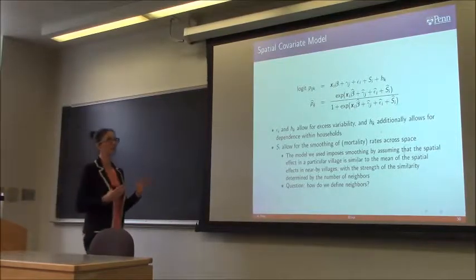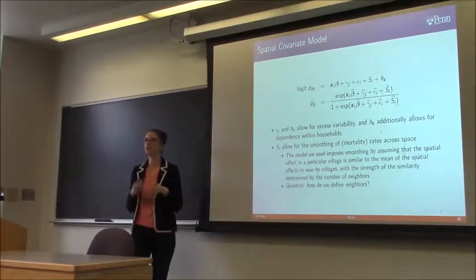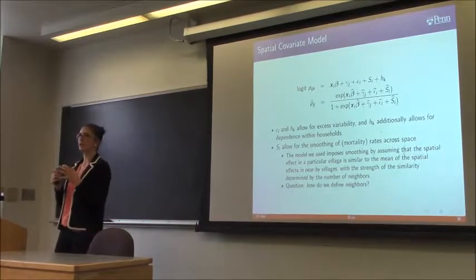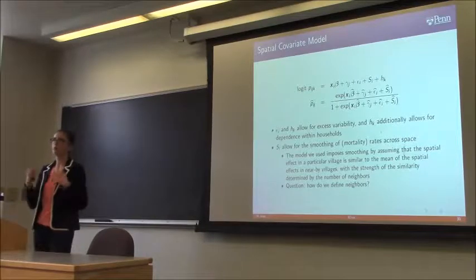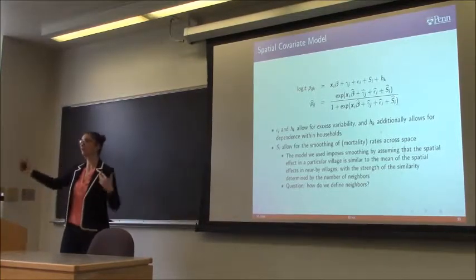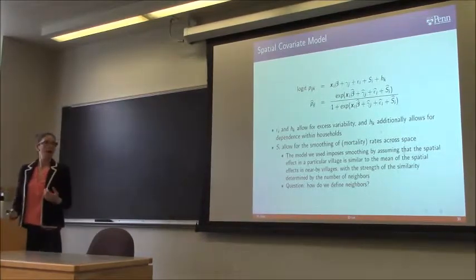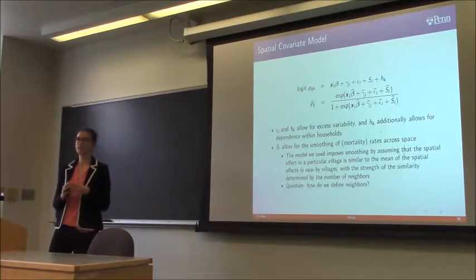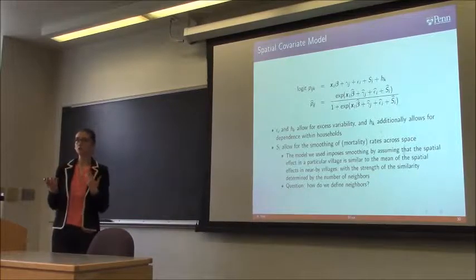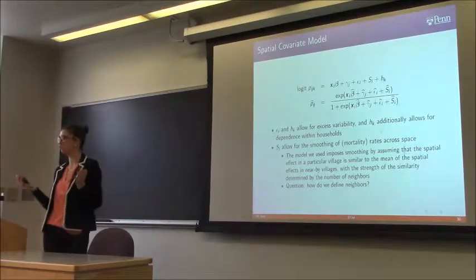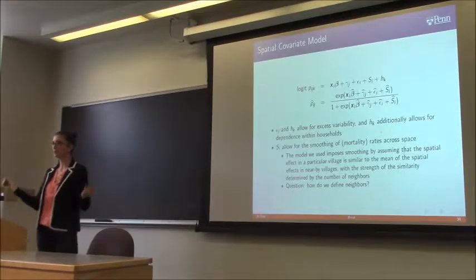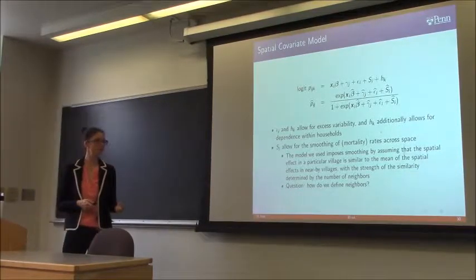What we're saying with the village level random effects is that 2 people who live in the same place behave more similarly in a way I can't really describe than 2 people who live in places that are very far apart, for instance. Similarly, the H variable basically does the same thing, but at the household level. You are probably more similar to your siblings, assuming you live with each other, than your cousins or even long-distance friends or something like that.